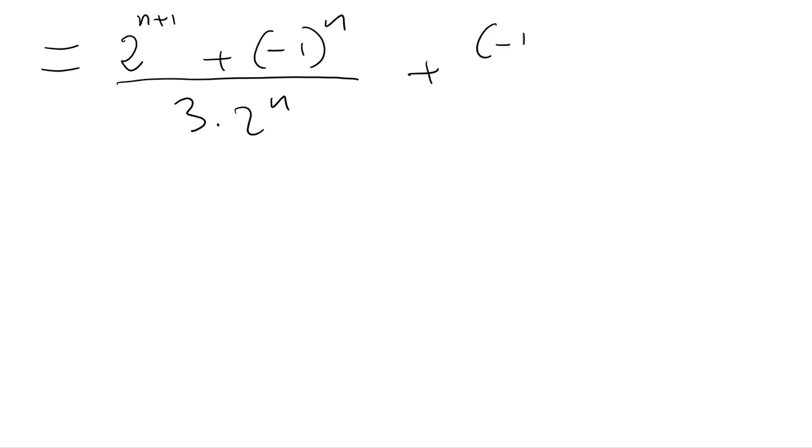just simple math now. Because you have 2^(n+1) plus (-1)^n, then down we have 3 times 2^n, then plus (-1)^(n+1) over 2^(n+1). So I'm going to multiply the bottom part by 2 and also the top part by 2, because I want to get n plus 1 right here.